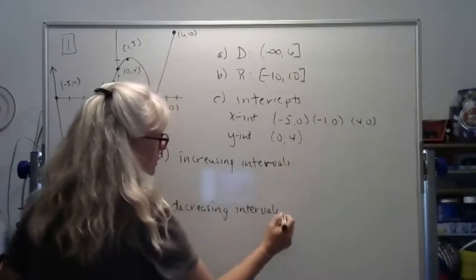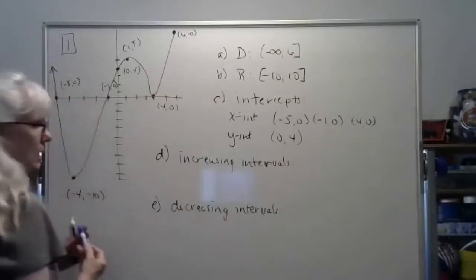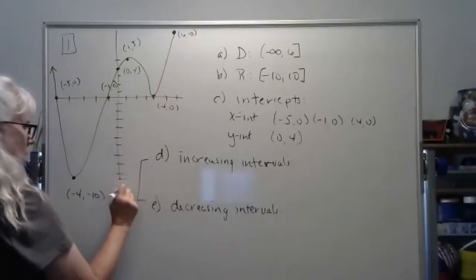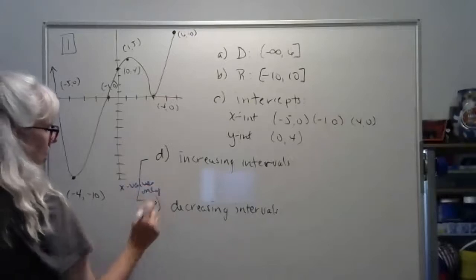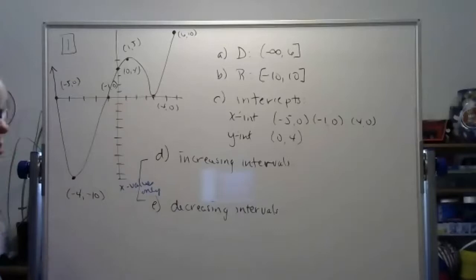Where is it increasing? So what I like to do is to do these 2 parts together. Remember, these are x values only, and that's the key to remembering it. I just literally start on the left side of the picture. So my left side of my picture in terms of x's is way out there at negative infinity.